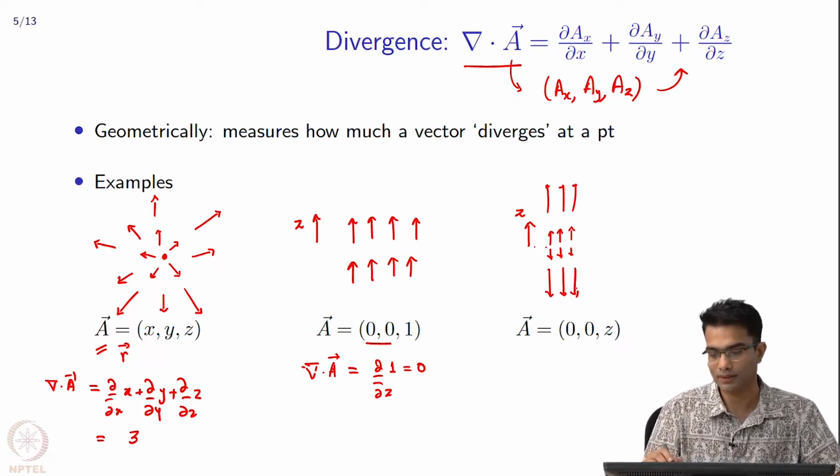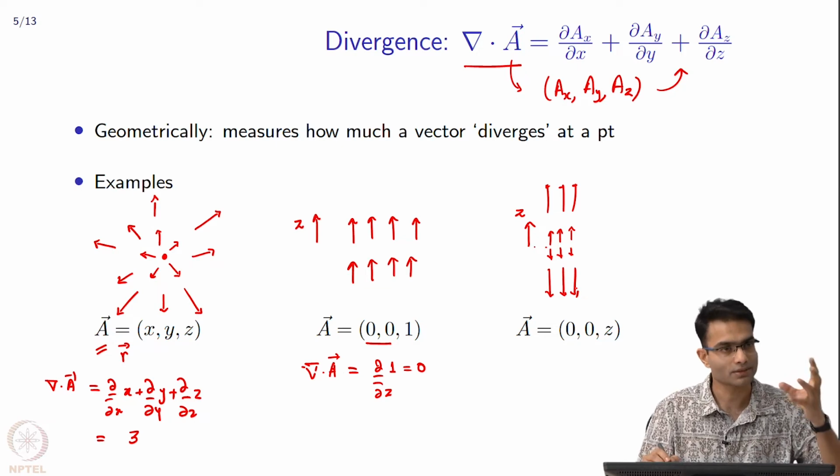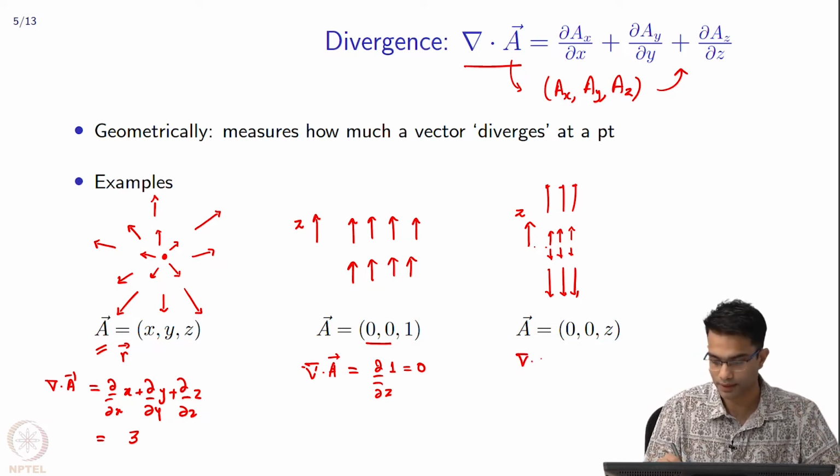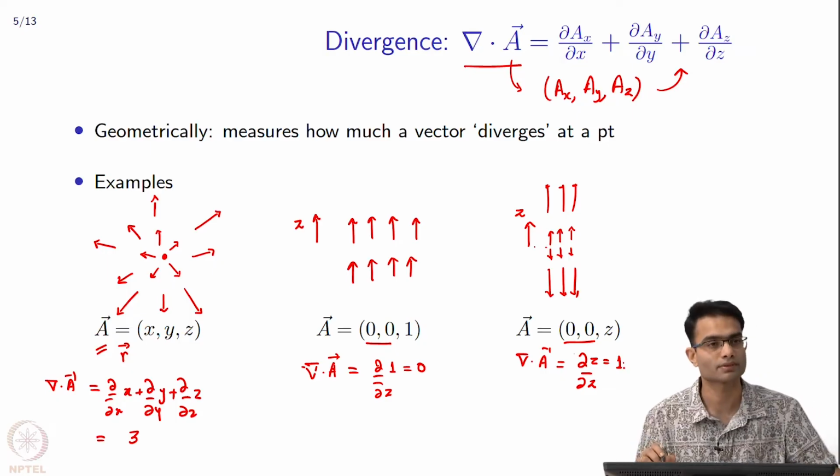So, again this vector field has an intuitive idea that it is diverging. When I calculate the divergence, again these two terms contribute nothing, and I am left with this; it has unit divergence.